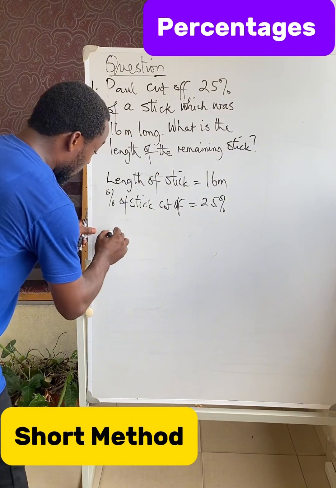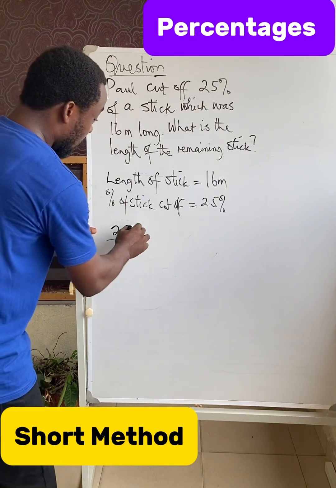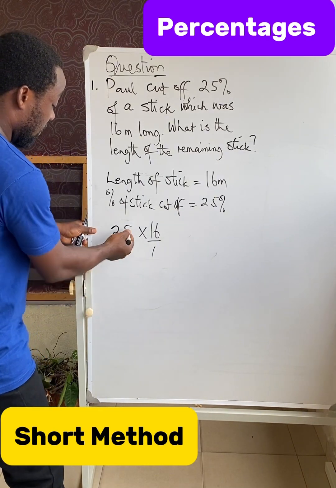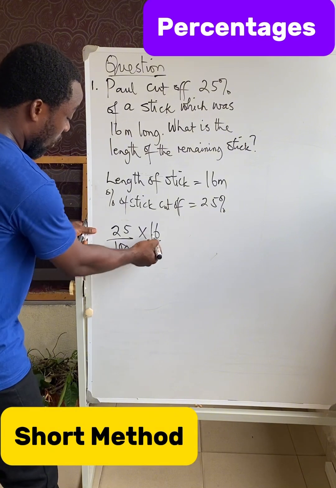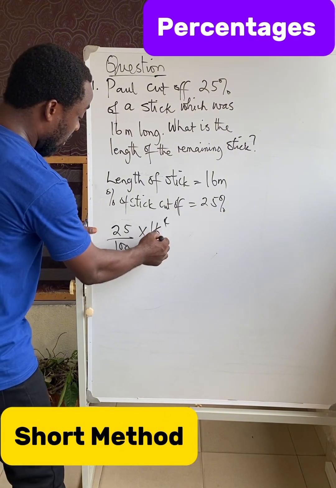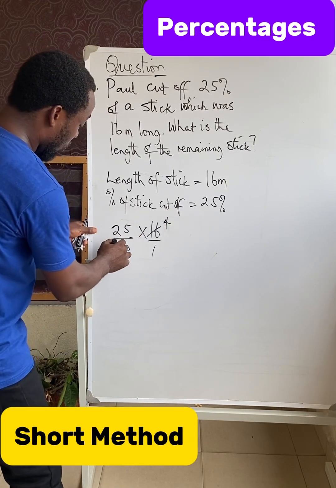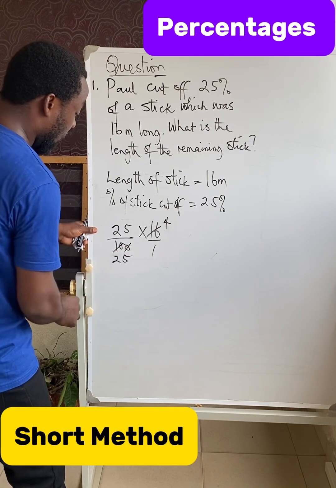So they are going to calculate 25% of 16 meters and now subtract it from 16 meters. So you see something like 25 over 100 times 16 over 1. And so this is 100, even and even. 4 can divide this, and 4 can also divide this. So 4 goes in here 4 times, and 4 goes in here, 25 times.